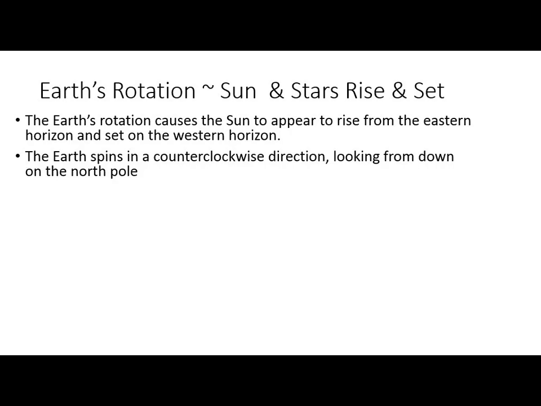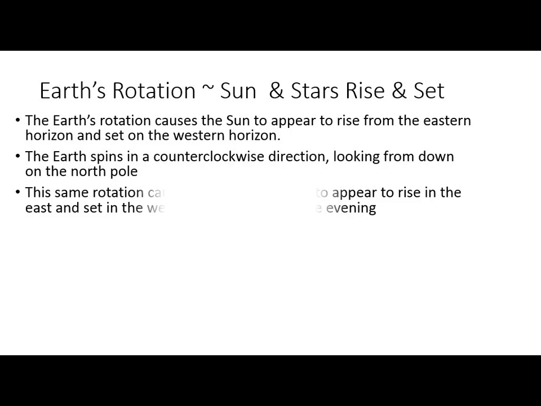Okay, we see the sun appear to rise in our east and set in our west every day. Now, throughout the year, it won't be due east or due west, depending upon the time of year. But in general, it rises in the east and sets in the west. That's because the Earth is spinning. Okay, that's what makes that happen. And we call that diurnal motion.